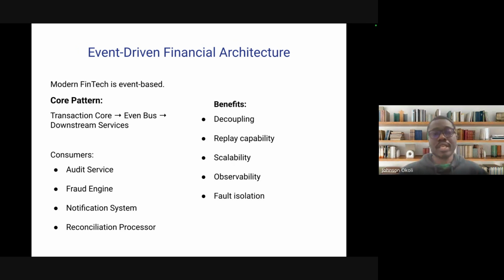Then there is another important feature, which has to do with the event-driven architecture. So what that means is activities are done based on events. So let's say someone tries to make a transaction, it calls the transaction model first. From there, it calls the wallet model. So more like they are based on triggers.